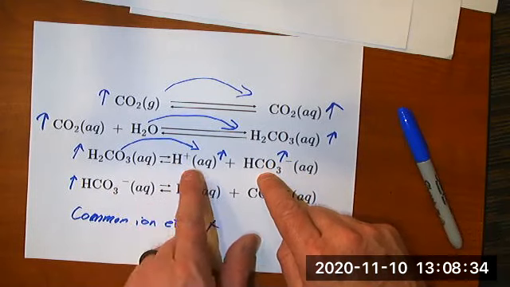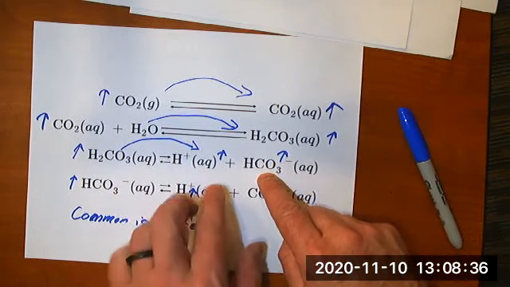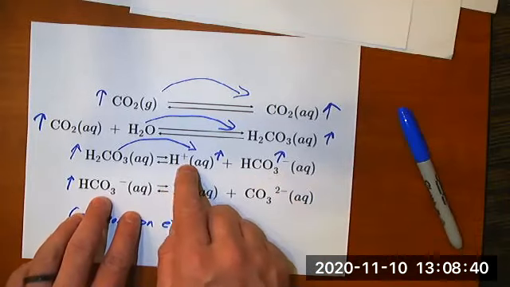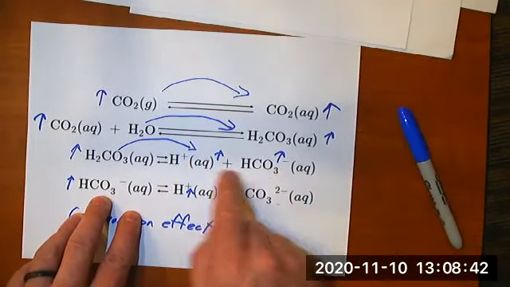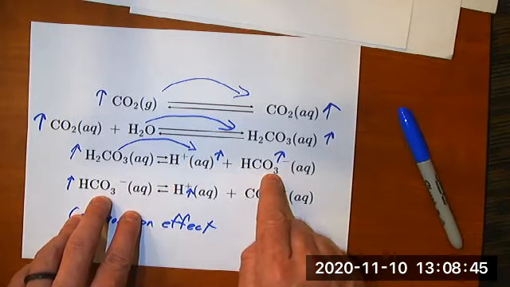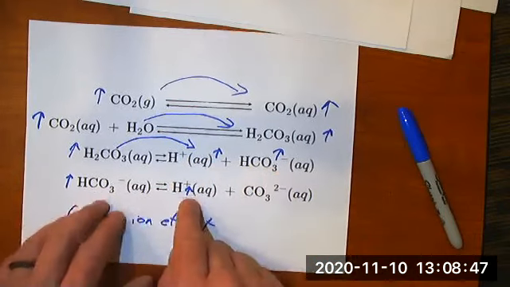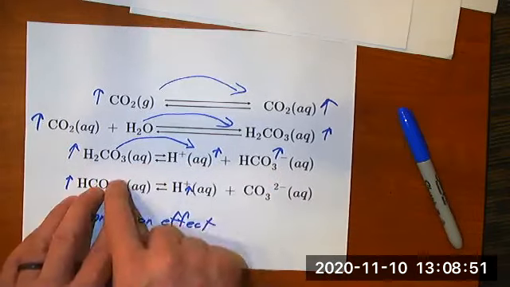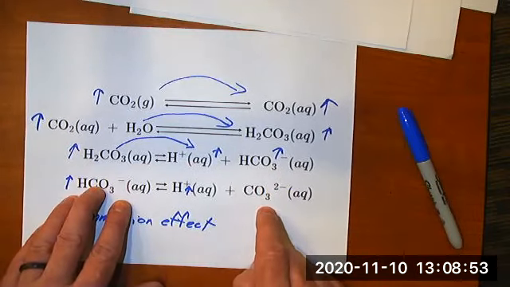If you're starting already in an acidic solution, you may already have a bunch of hydronium, and so the fractional change of hydronium would be smaller than the fractional change of the bicarbonate. In that case, this is going to be a smaller arrow, this is going to be a bigger arrow, and you can say the carbonate is going to be increasing.